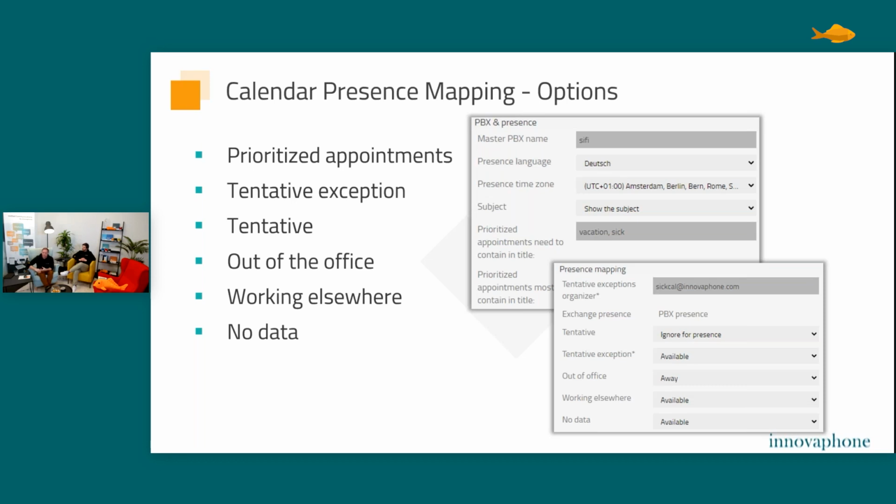What does that mean? For example, you want to show your colleagues, okay, I am available, but today I'm in the home office. Or maybe nowadays, if the exception to the rule is that you're in the office, you also want to show that, right?